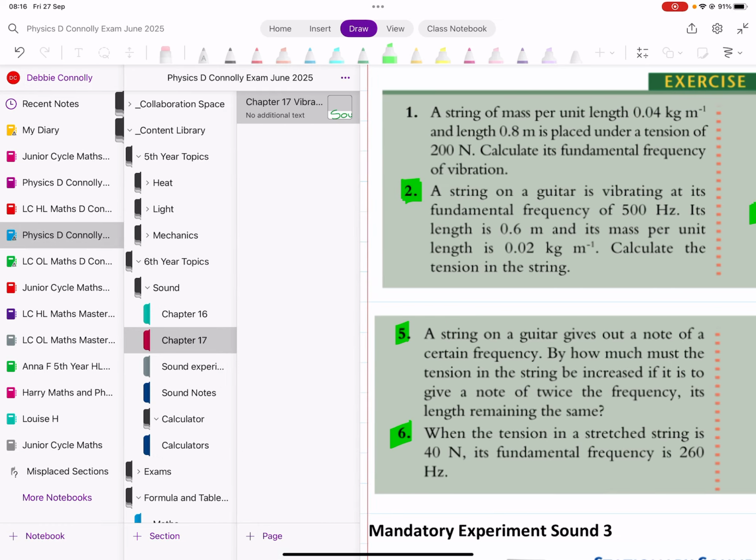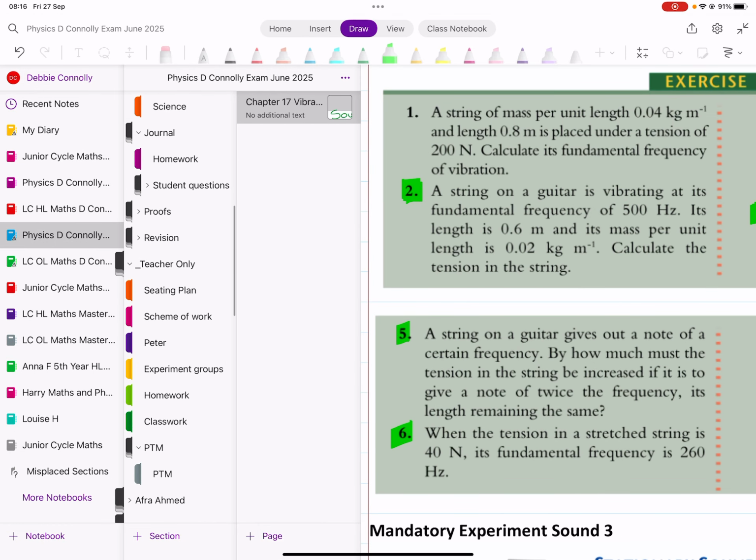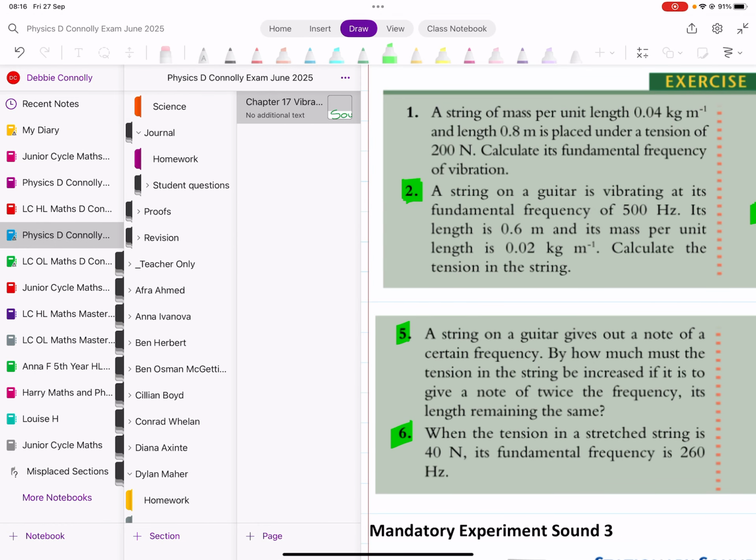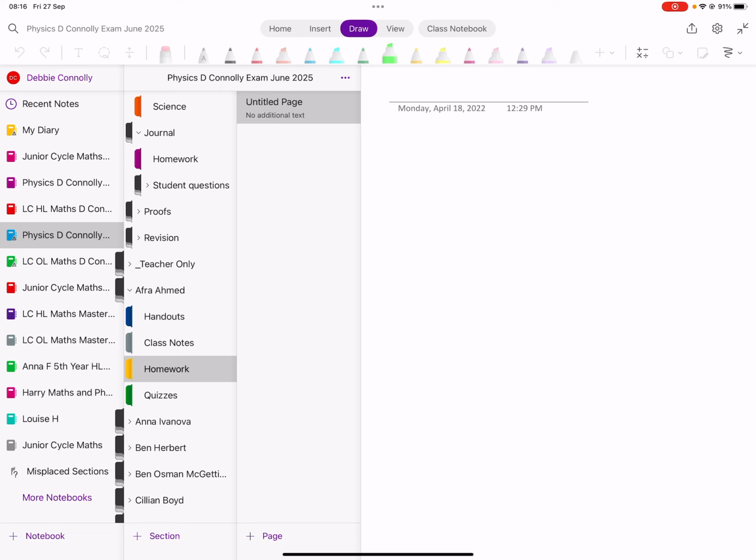Will you put your solutions into your folders? So each one of you will have this folder with the 4 pages. Whenever you do your homework, just put it into the homework folder and just put today's date on it.